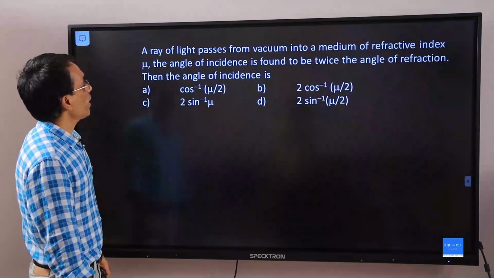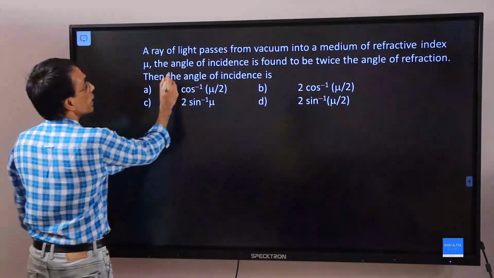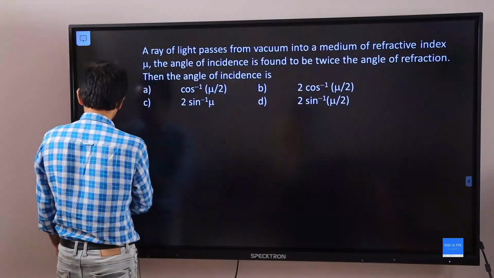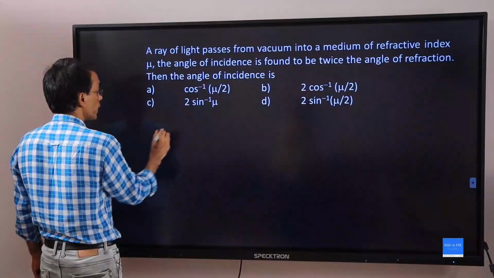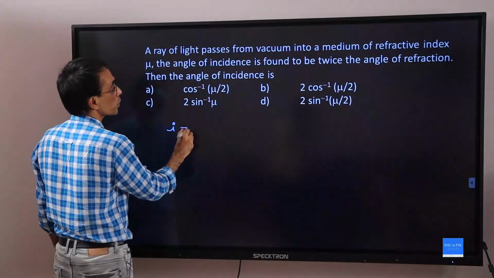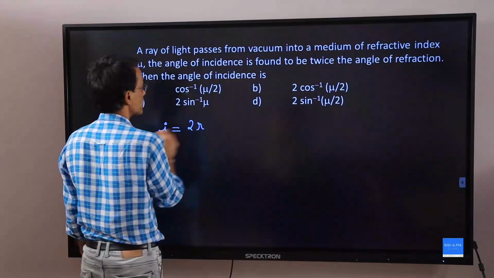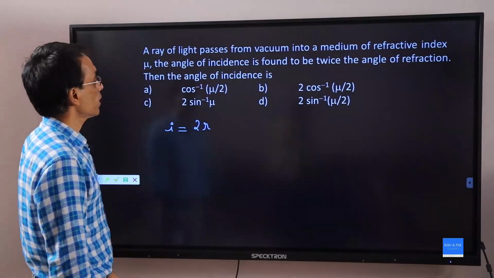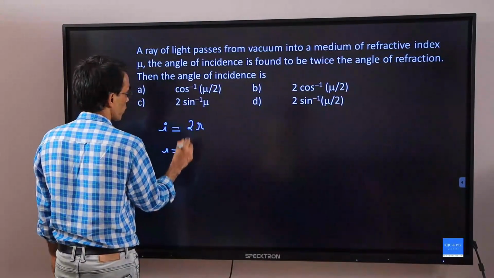We need to find the angle of incidence, but one condition is given. What is it? Angle of incidence i is equal to twice the angle of refraction. This condition is given. What is the angle of incidence? We need to find i. How much is i? This should be calculated.